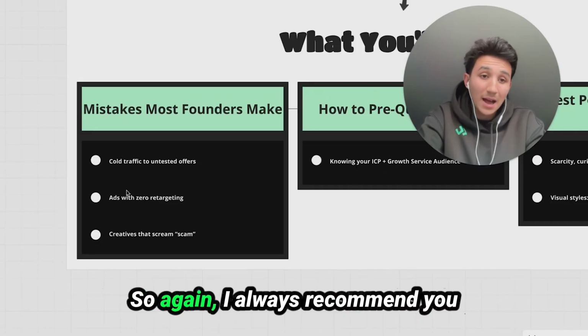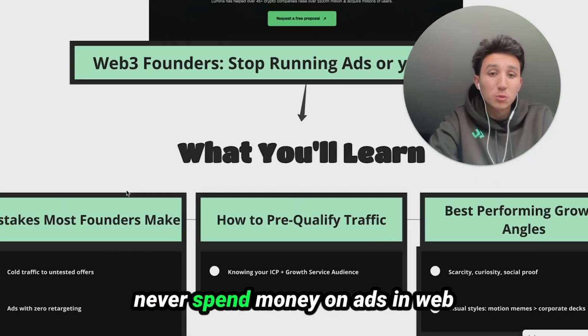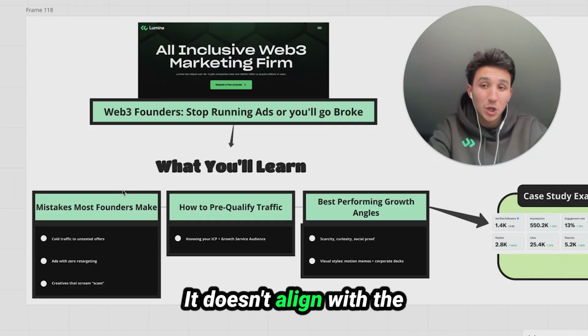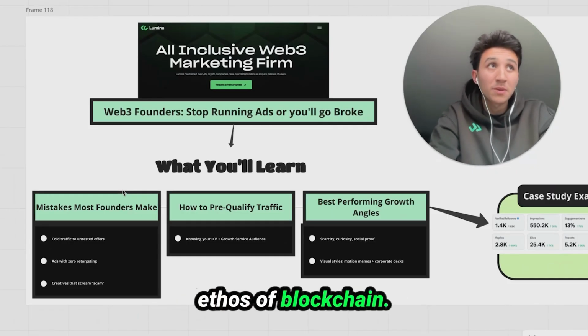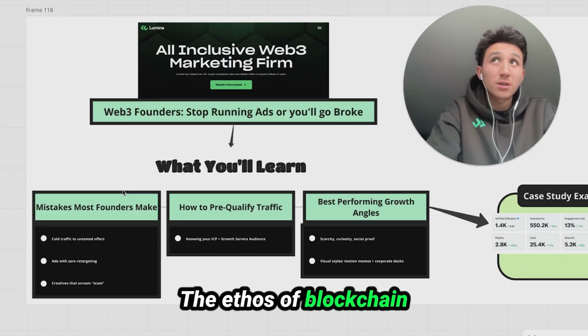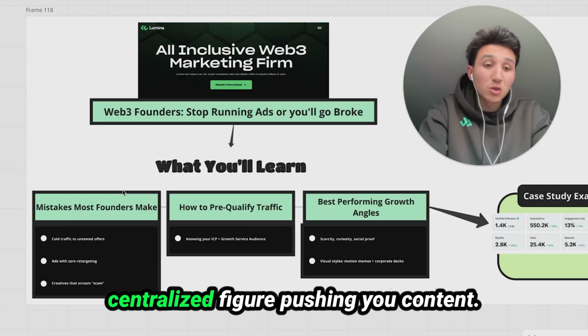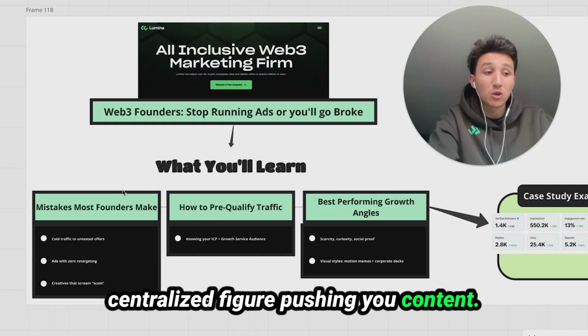So again, I always recommend you never spend money on ads in Web3 or crypto, as it just doesn't work. It doesn't align with the ethos of blockchain. The ethos of blockchain is that it's decentralized. What decentralized means is there's no centralized figure pushing you content.